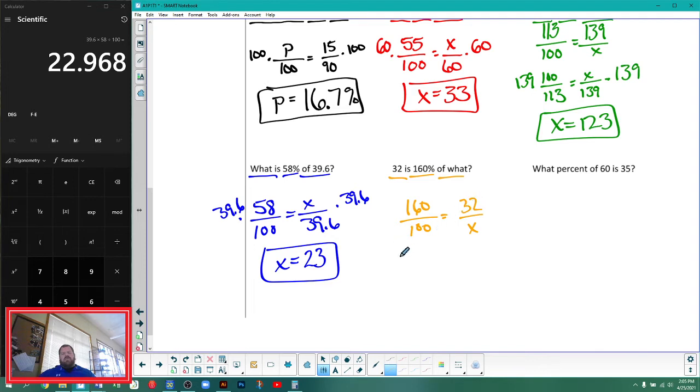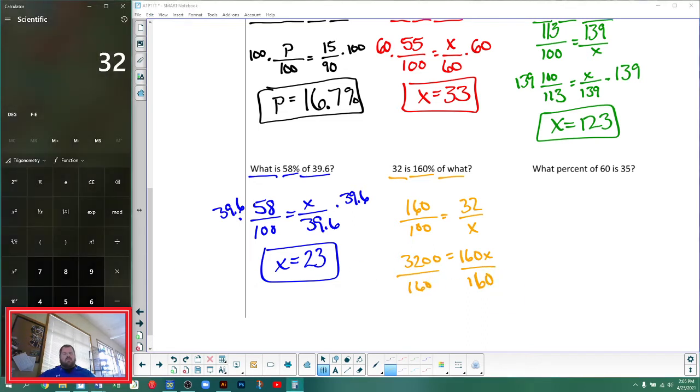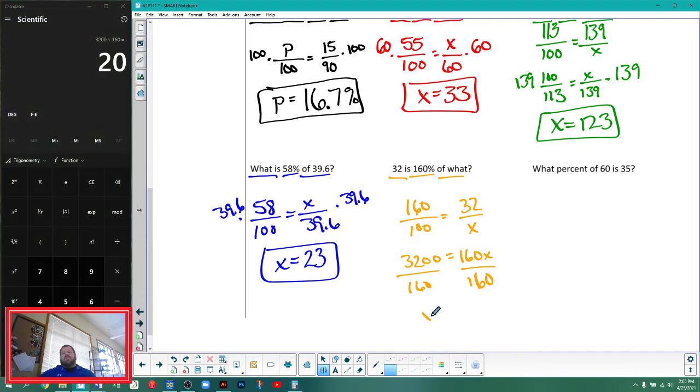Multiply 32 times 100, 3200, 160 times x, and then divide by 160. A lot of the calculations, again, are going to be the same, but if you like that method better, it's a little bit more work, but not too much.